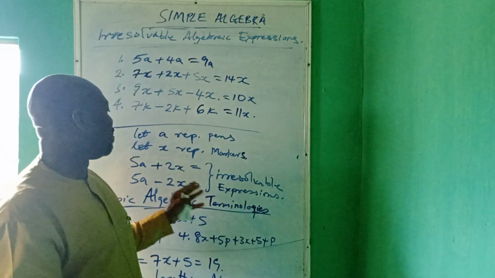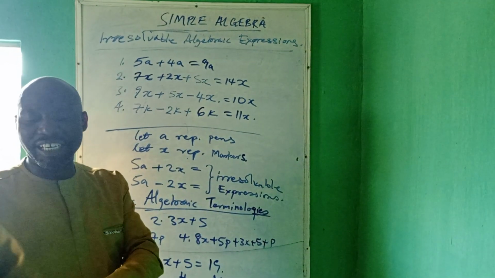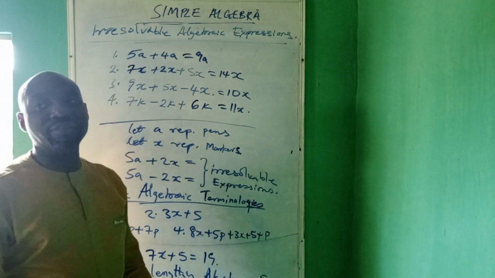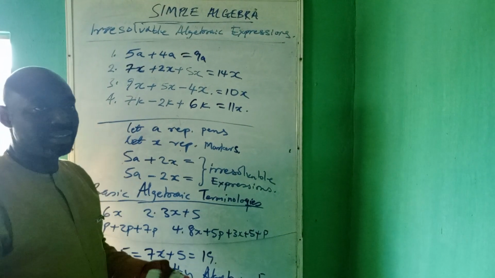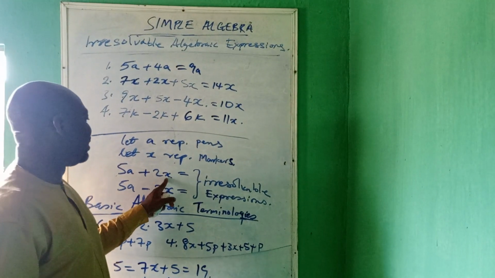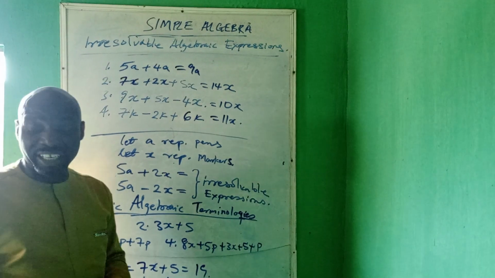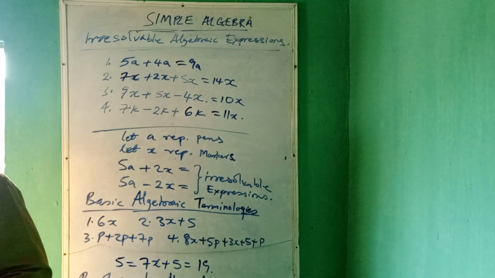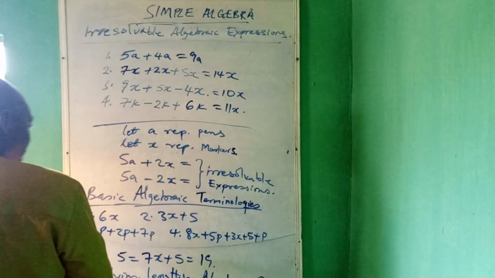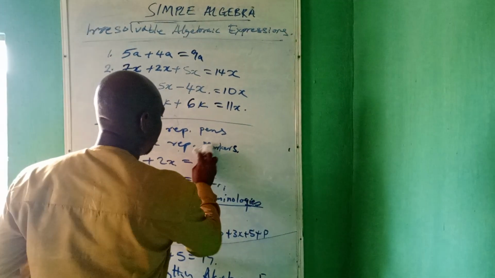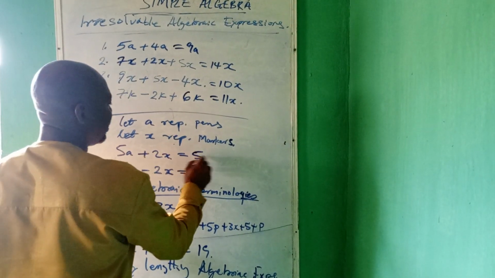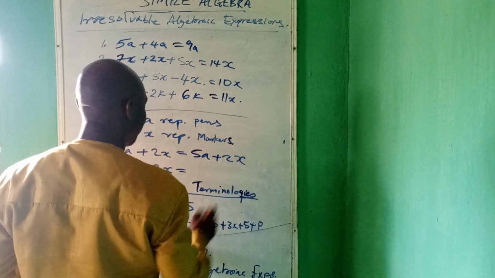So even in mathematics, since in real life we couldn't join them, in mathematics it wouldn't have a new answer. What we say is 5a plus 2x is what? Irresolvable. In maths, the answer to 5a plus 2x remains 5a plus 2x.